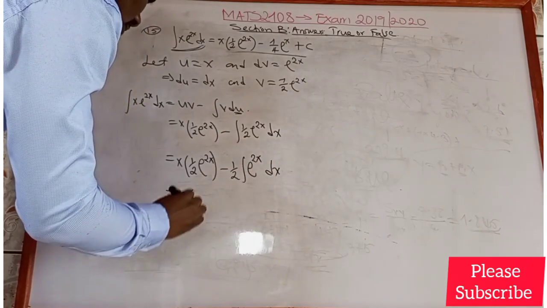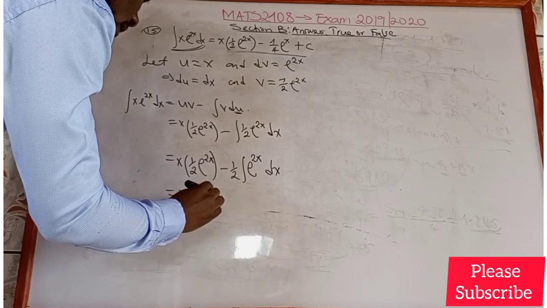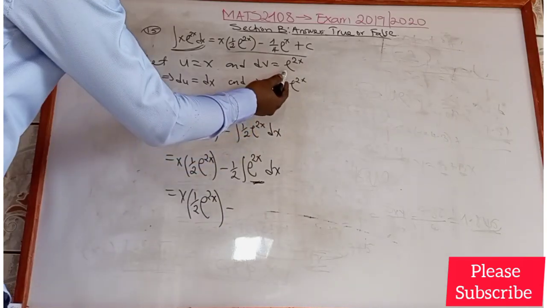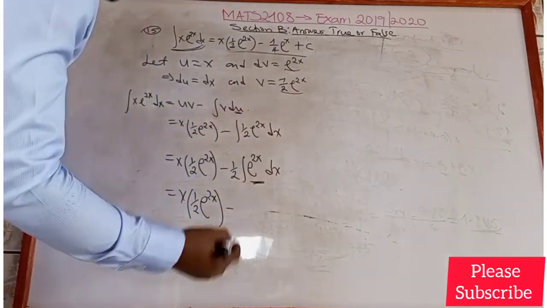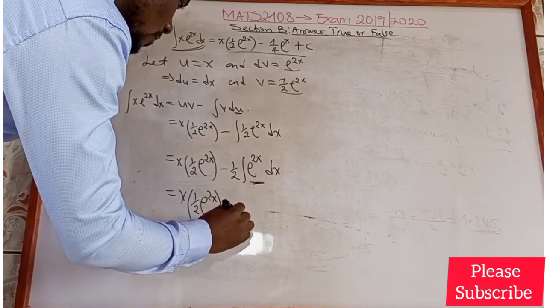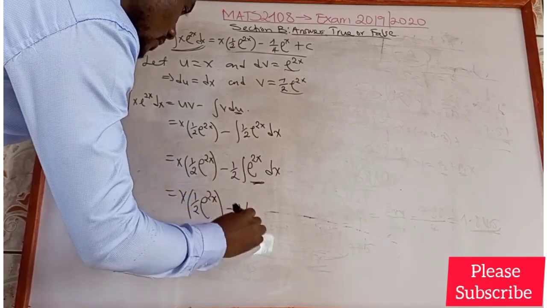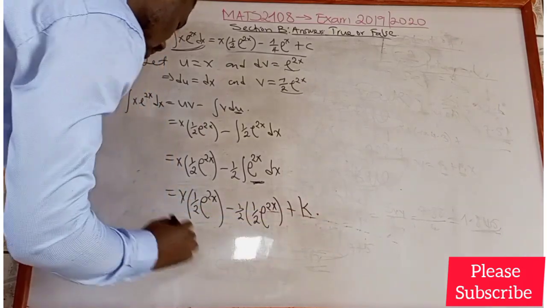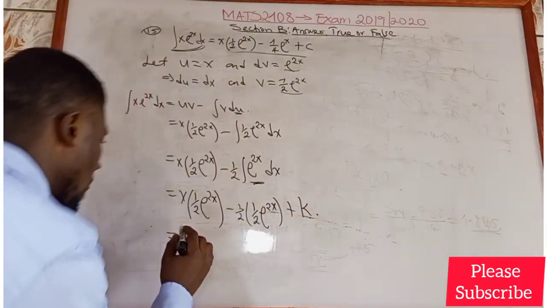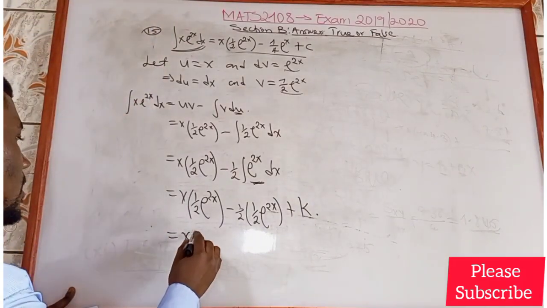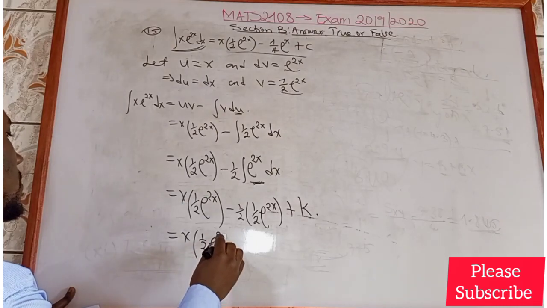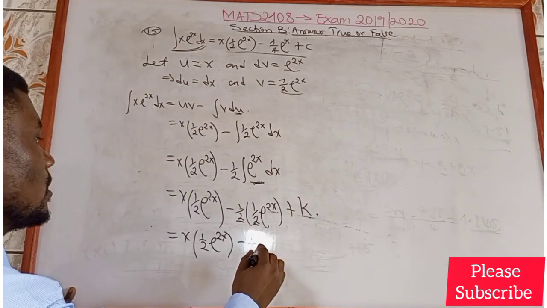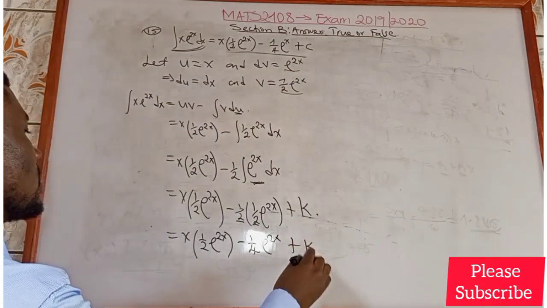This gives me x times 1/2 e to the 2x minus, we integrate this one just like we did up here. So it gives the same thing. That is 1/4 or 1/2 times 1/2 e to the 2x plus the constant of integration, which is equal to x times 1/2 e to the 2x minus 1/4, because this is 2 times 2, e to the 2x plus k.